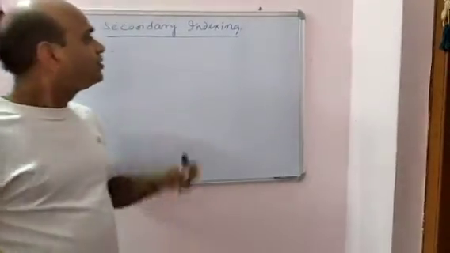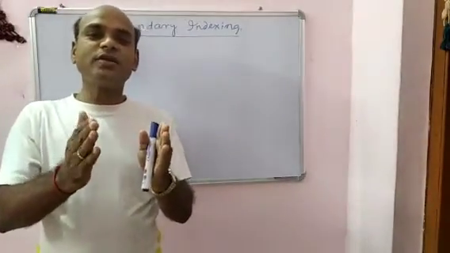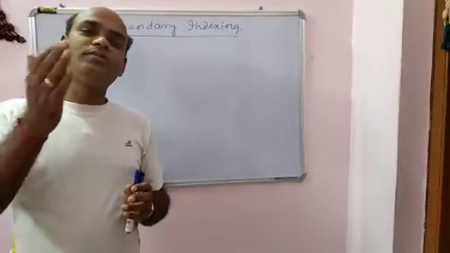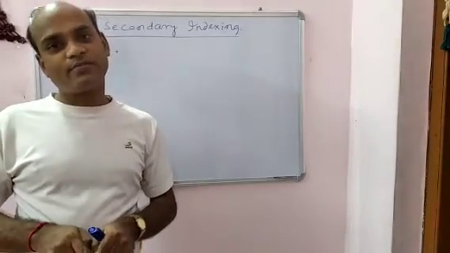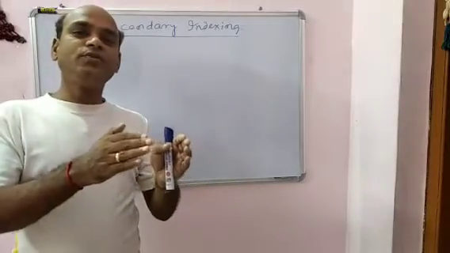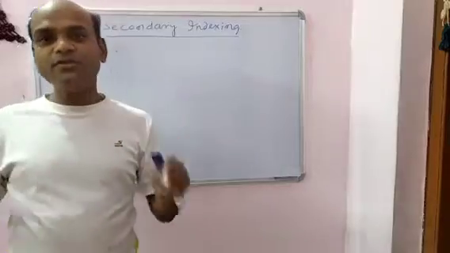In primary indexing, the index file is created by considering the primary key, and the main file is in sorted order. In cluster indexing, we consider the non-primary key, a non-key attribute, and the main file is in sorted order.